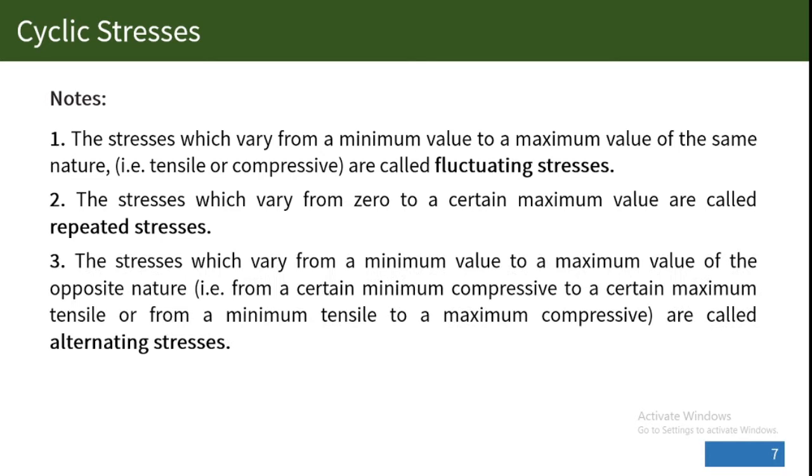And the third that we should take note of is that the stresses which vary from a minimum value to a maximum value of the opposite nature, let's say from a certain minimum compressive to a certain maximum tensile, or from a minimum tensile to a maximum compressive, are called alternating stresses. Okay, so we can see here in these notes that there are three cases in which we say that there are cyclic stresses. It could be either fluctuating, repeated, or alternating stresses.